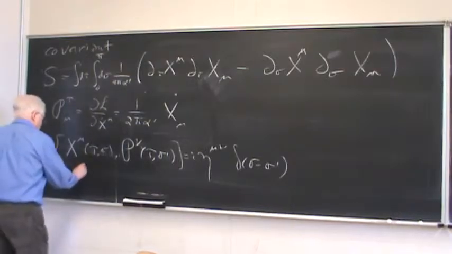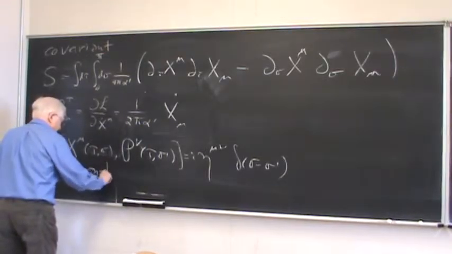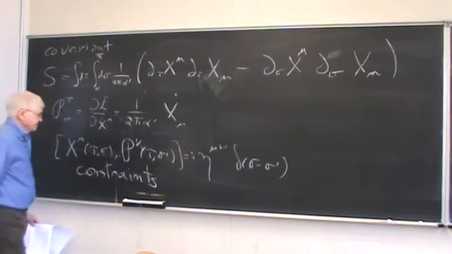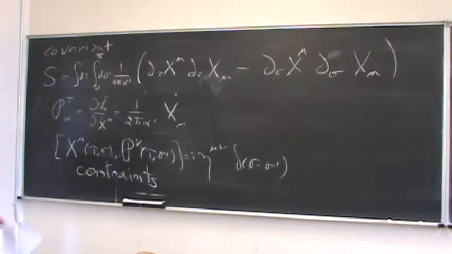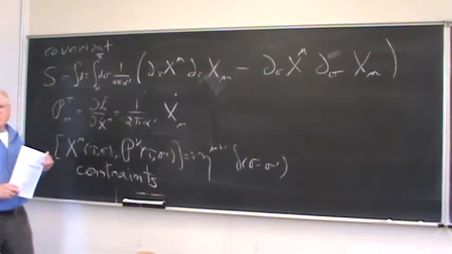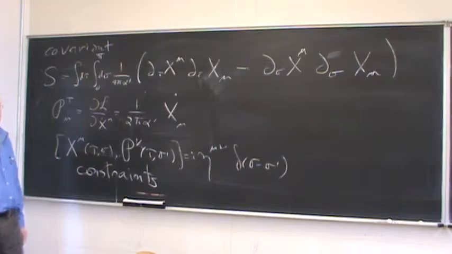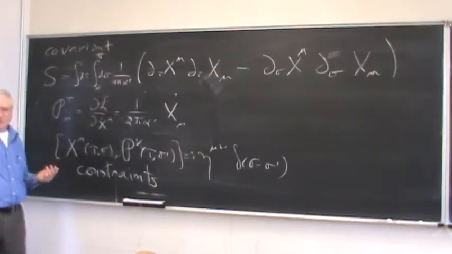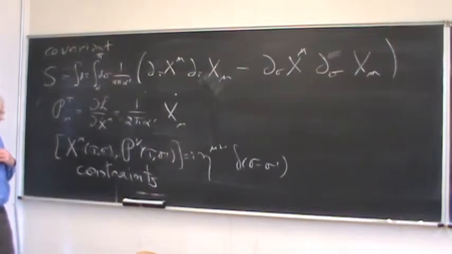So what we have then are constraints. In the old way of doing quantum electrodynamics, before people started to use the Coulomb gauge and path integrals, they had a formalism called the Gupta-Bleuler formalism.